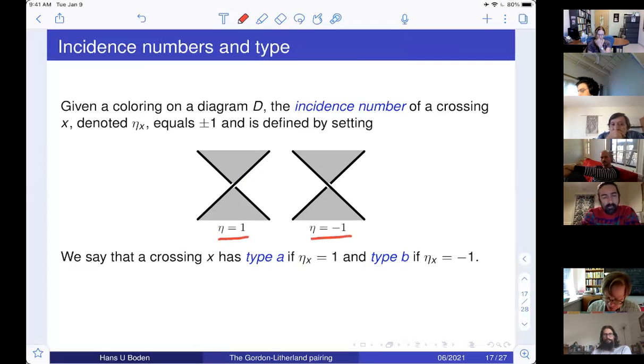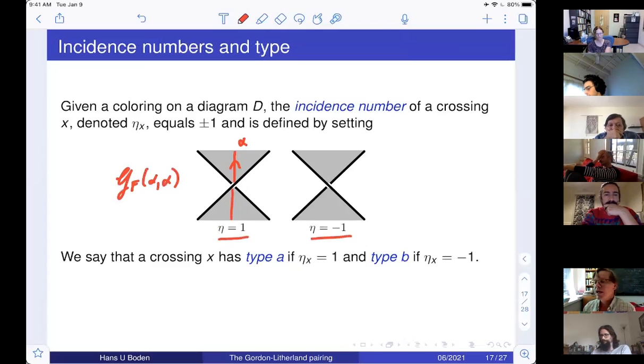And there are a number of reasons why these are important. For one, whenever I have a curve going through this crossing, if I look at the Gordon-Litherland pairing of the black surface, and I look at the self pairing of this alpha, the surface goes through a right-handed twist as I go through this, and so the contribution will be exactly +1, and here it will be -1 for the same setup.